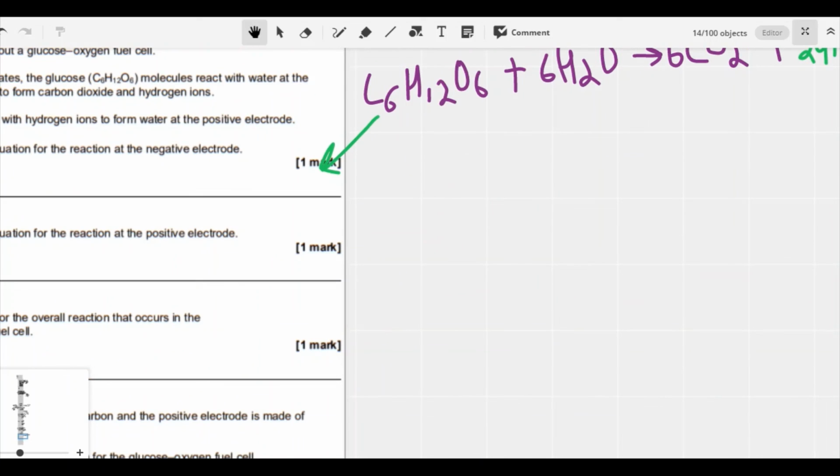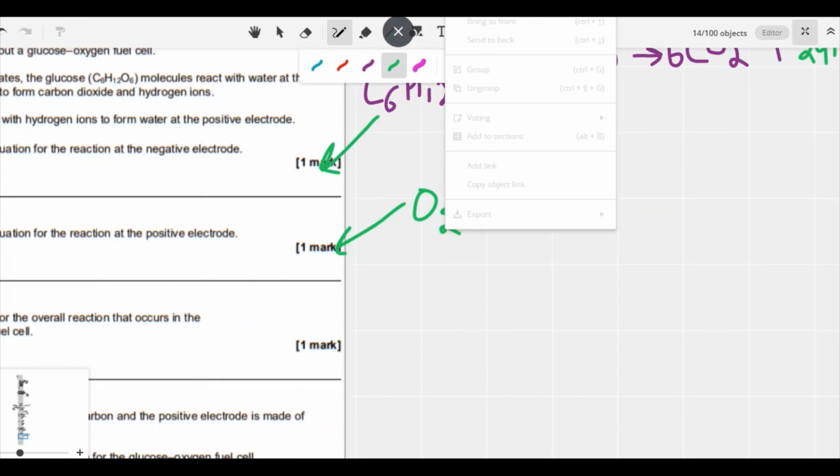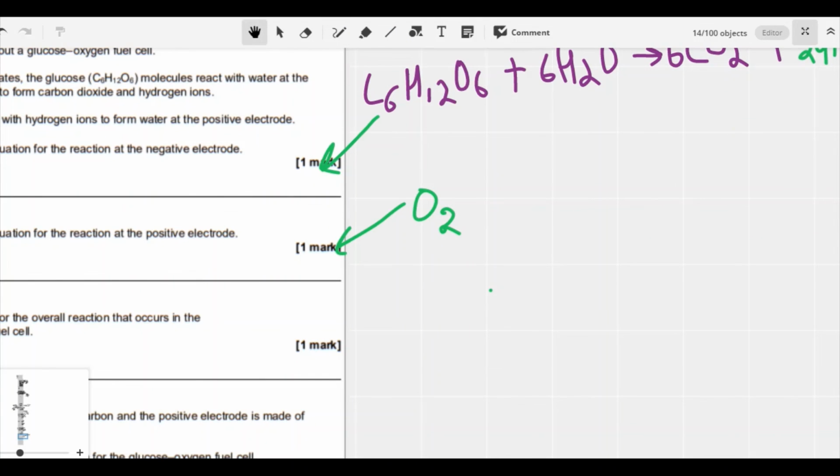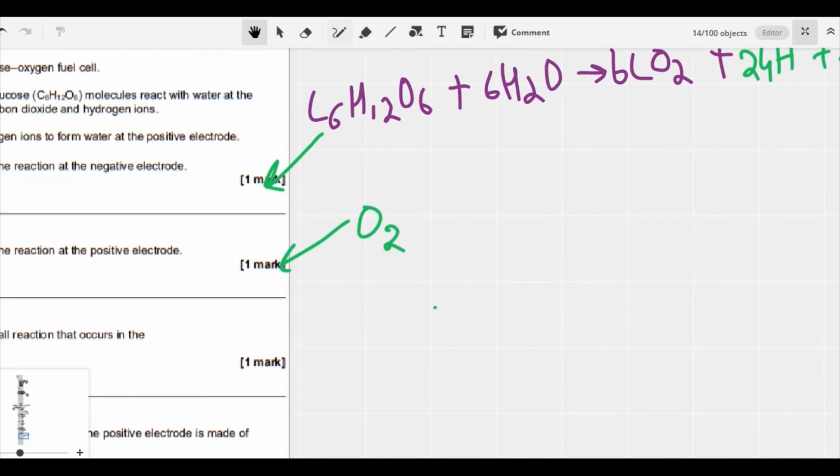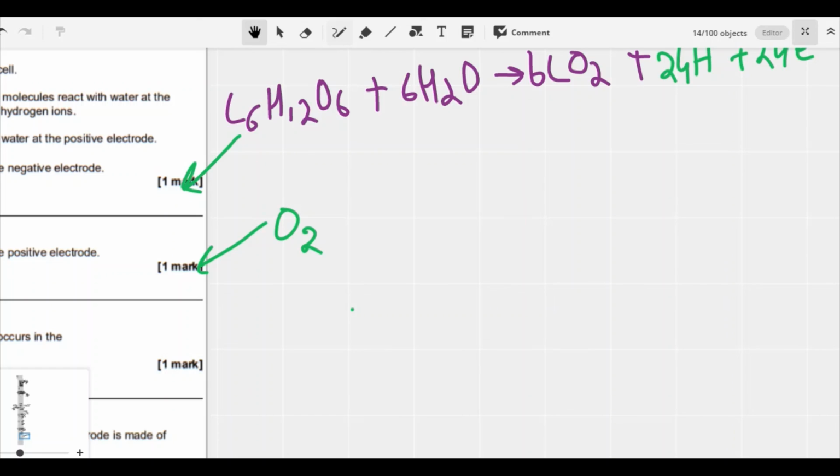In the case of the positive electrode, what will happen? At the positive electrode, the oxygen gains electrons and protons to convert into water molecules.